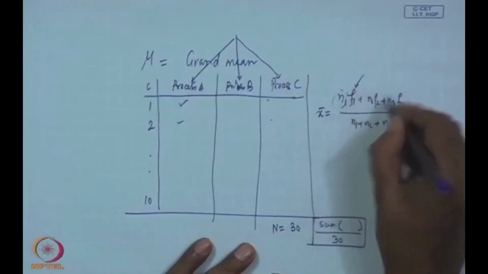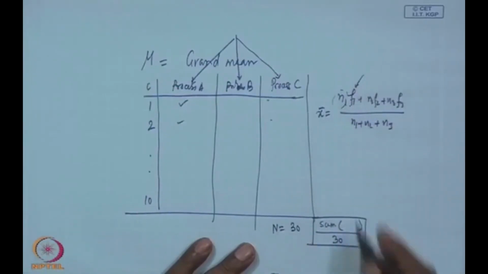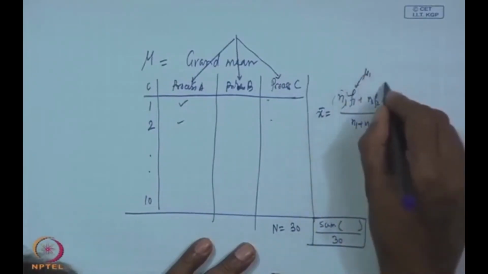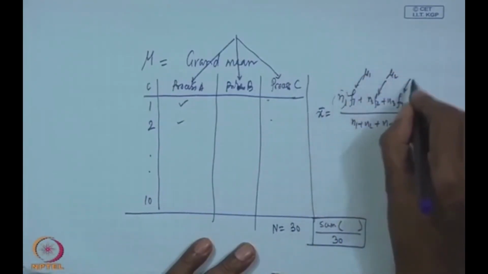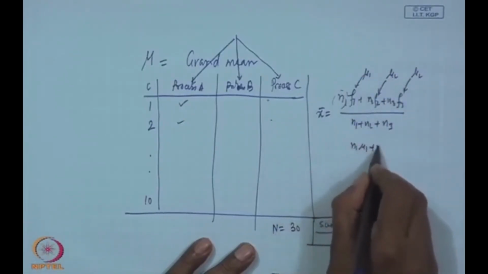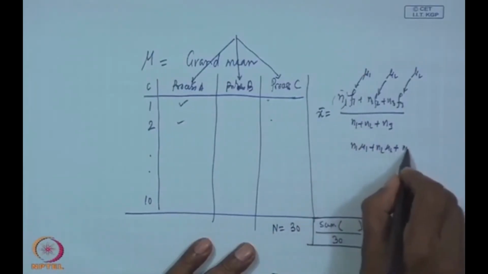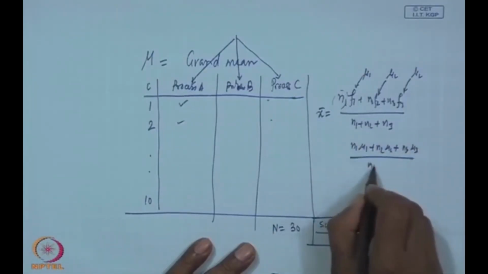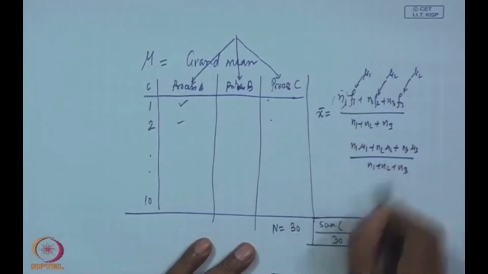We have to use mu here, so it is basically mu 1, mu 2, and that will be better. So I will write it like this: N1 mu 1 plus N2 mu 2 plus N3 mu 3 by N1 plus N2 plus N3.